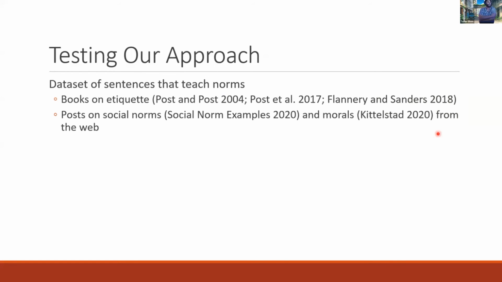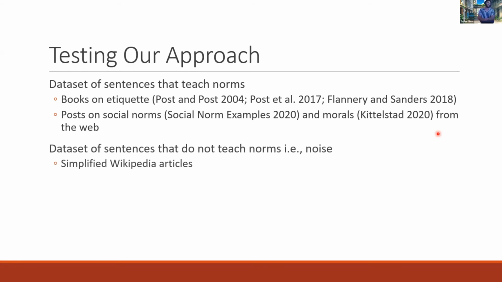So rather than just simply typing at the system through the interaction manager, we wanted to test this approach on a small data set. So I gathered a data set of sentences that aim to teach norms. We looked at books on etiquette, so Emily Post and Catherine Flannery are big names in that field. And then I looked at posts on social norms and morals, just from the web. Then also got a data set of noise.